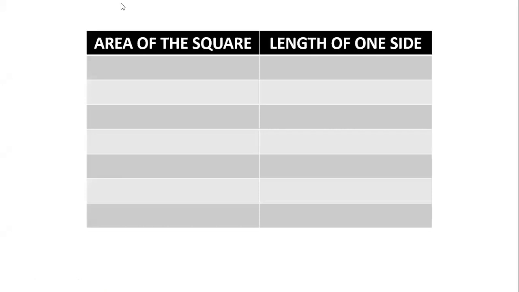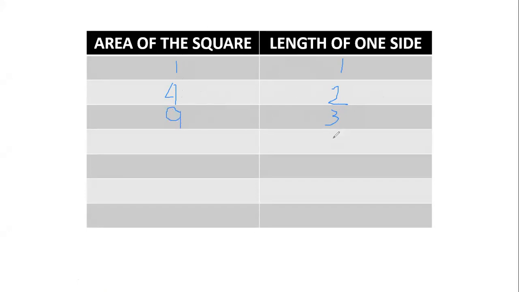This is how you saw it a while ago. If you have a length of 1, the area of the square is 1. If you have a length of 2, the area of the square from your Desmos is 4. If you have a length of 3, the area is 9.